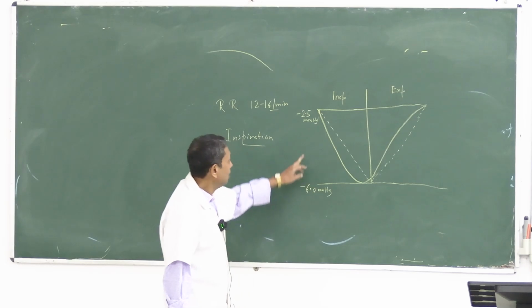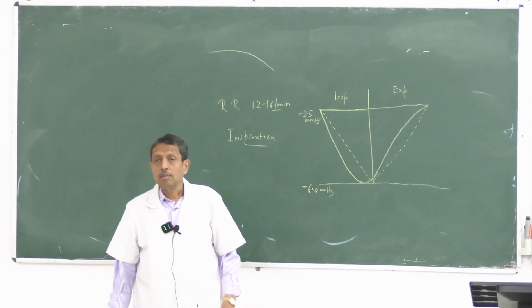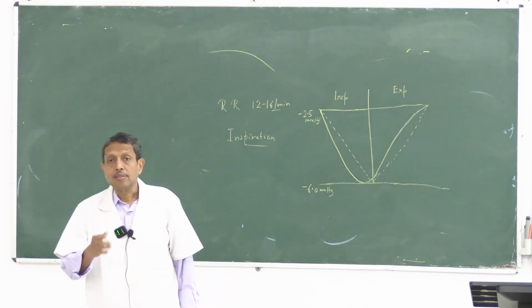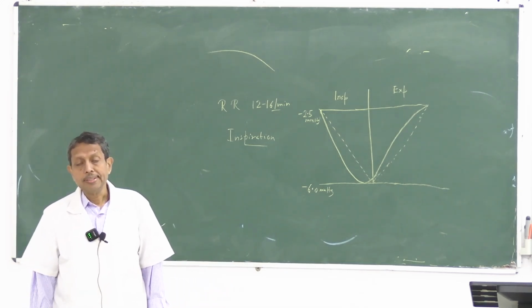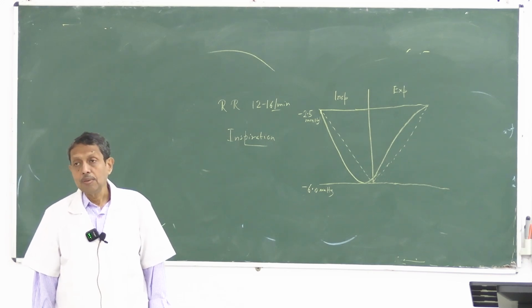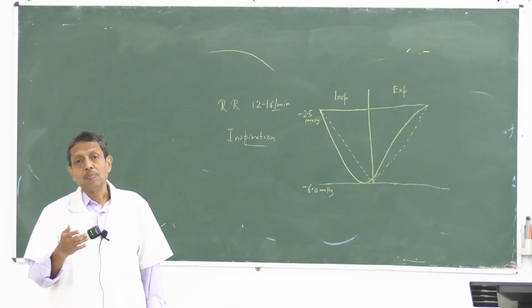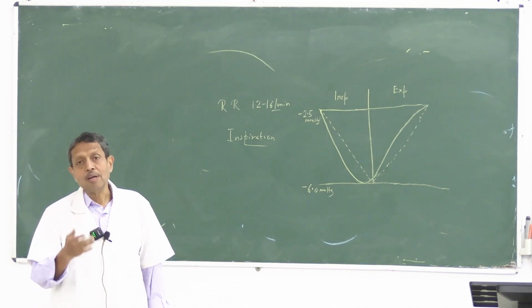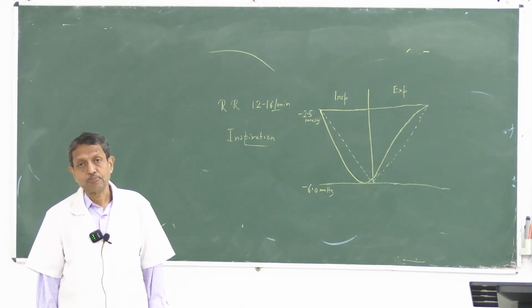The result is that at the beginning of inspiration, after normal expiration, the amount of air remaining in the lungs is the functional residual capacity, and that is the point of relaxation of the entire thoracic system.